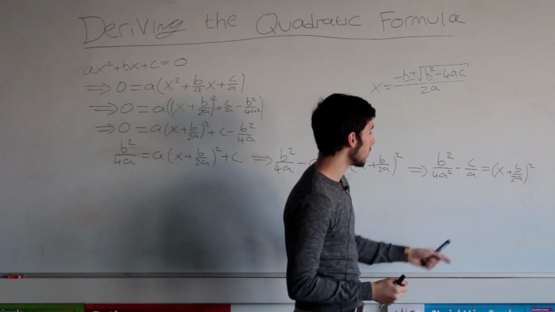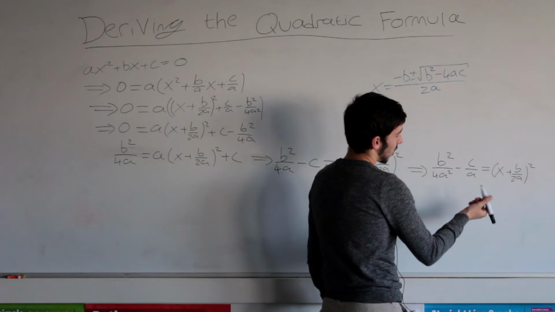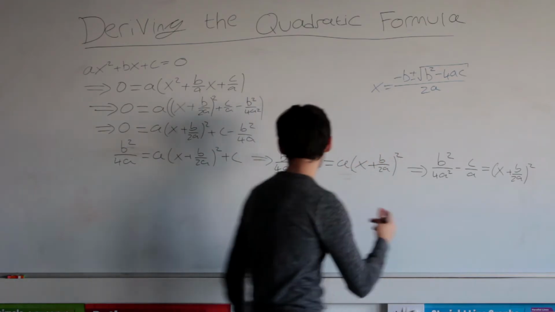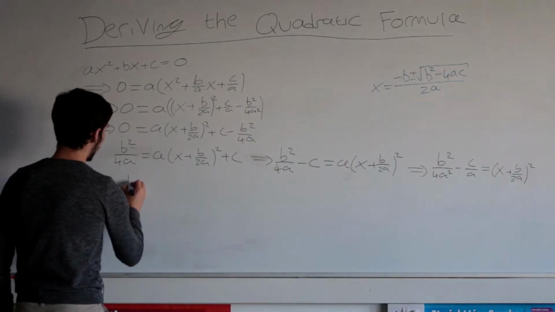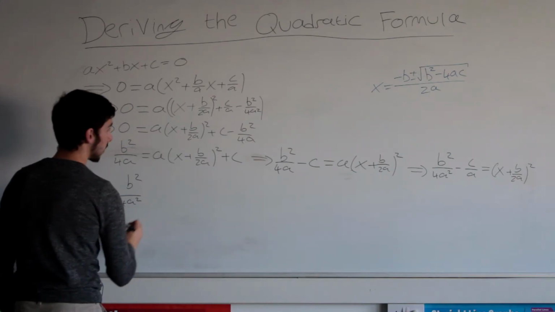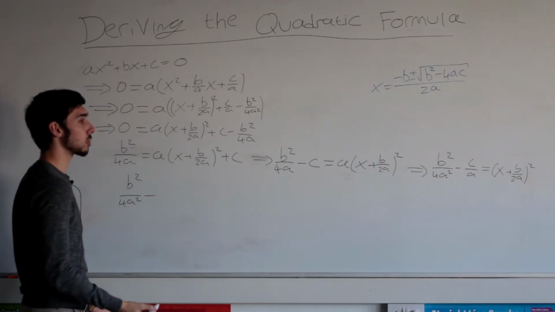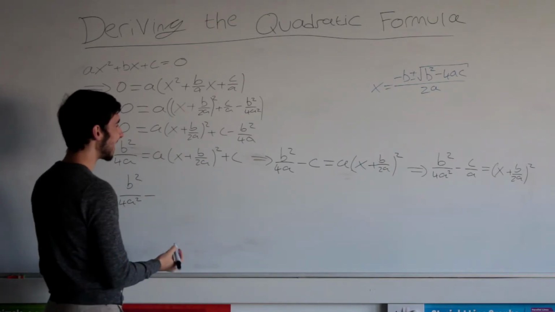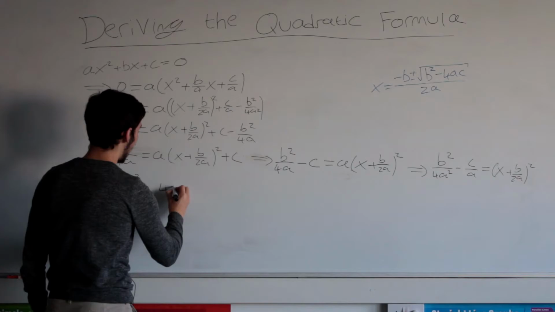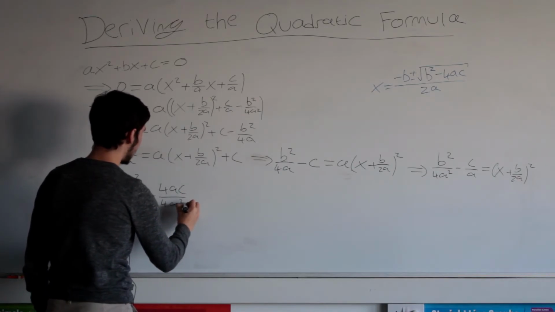So let's write it over here. b squared over 4a squared is valid. And we're minusing c over a. How else can you write c over a? You can write c over a as 4ac over 4a squared.